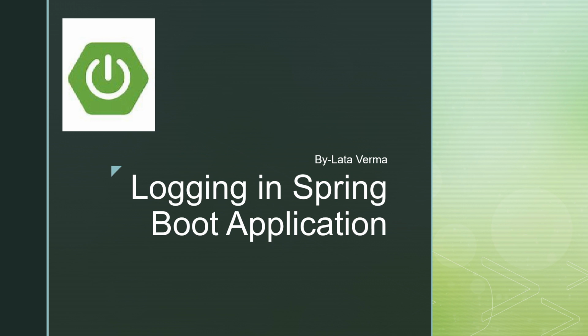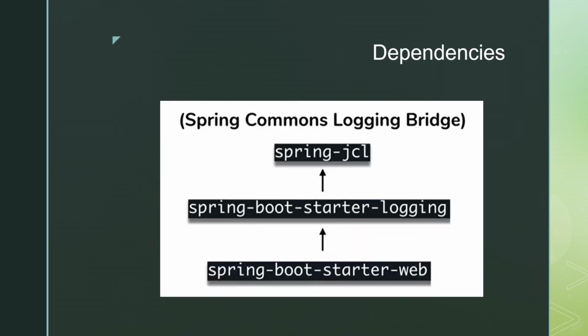For logging, there is a separate framework provided. That means you will have to add a dependency in your application. But hold on, because it is a Spring Boot application, by default the Spring Boot starter dependency also provides logging dependencies.